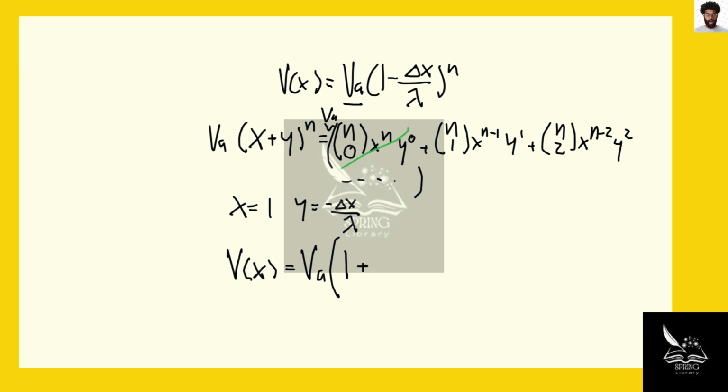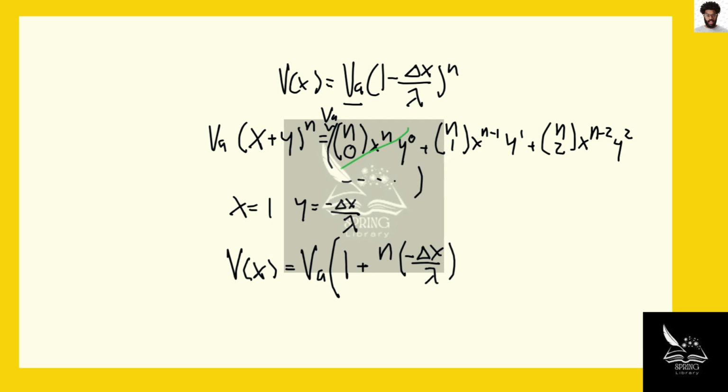So we'll get n here, and x raised to the n minus 1, which is always just going to be 1 because x is 1. Then the third piece of our term is y raised to the 1, which is just y, so that's negative delta x over lambda raised to the 1.